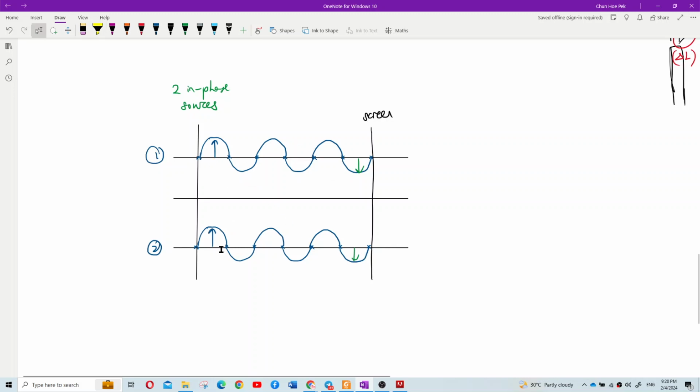No difference, isn't it, class? So they have the same length. So we can say their delta L is 0 lambda. So what do you get, class? You get constructive interference. So you get bright fringe.